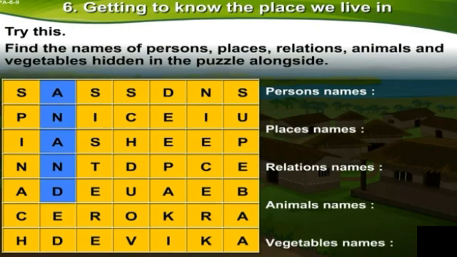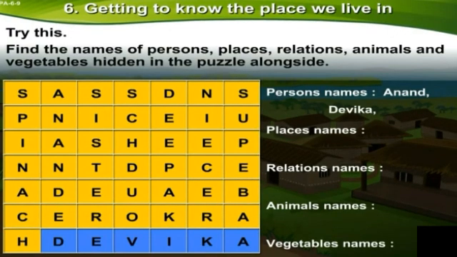Try this. Find the names of person, place, relation, animals and vegetables hidden in the puzzle alongside. Now children, first we will see the names of persons.